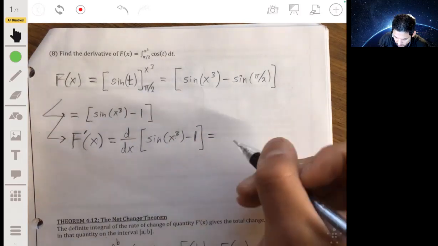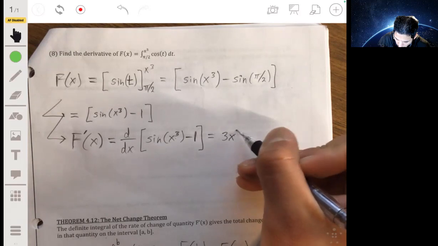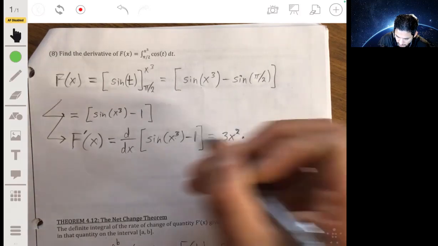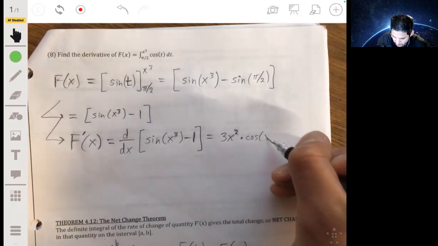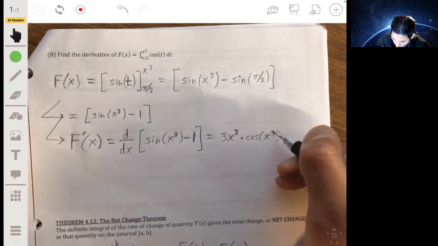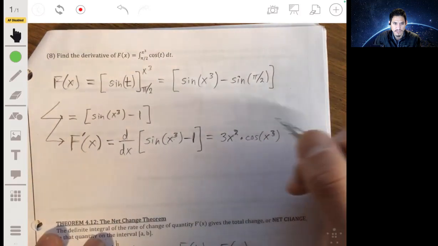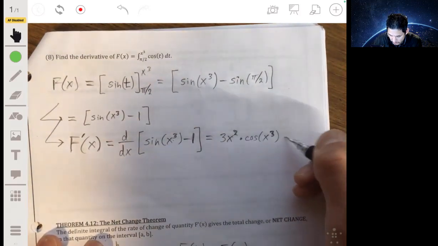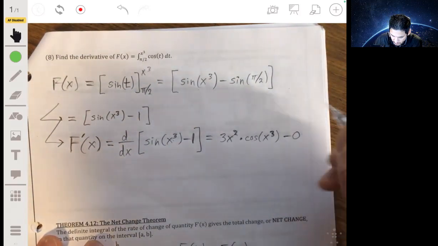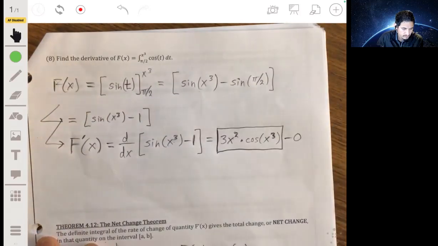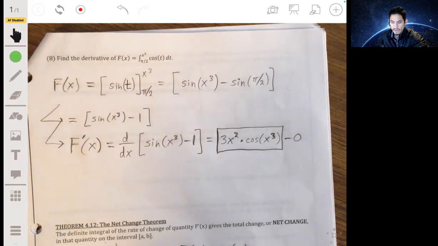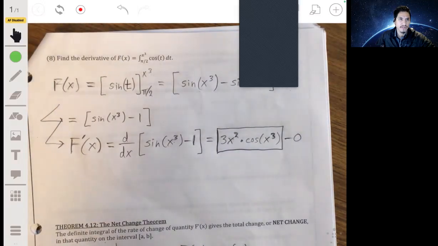The derivative of x cubed is 3x squared, multiplied by the derivative of the outside function. The derivative of the sine function is the cosine function, so times cosine of x cubed. And the derivative of -1 is a constant, so it's just 0. So it doesn't matter, and your answer is just this. All right, and that's all there is to it. So good luck.